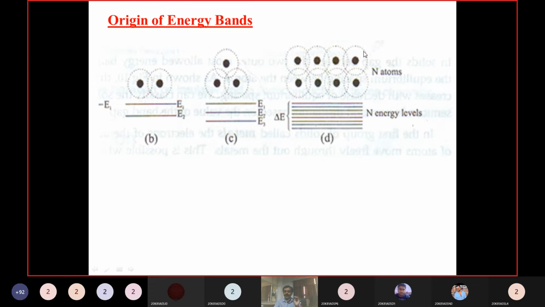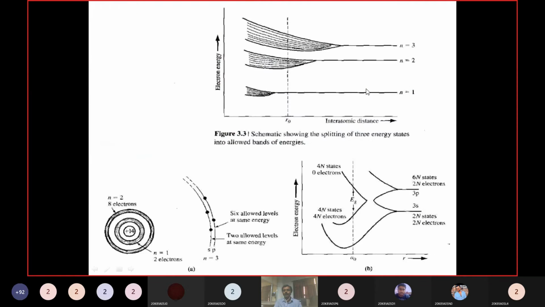Those valency electrons are loosely bound with the nucleus. If you give a little amount of energy, they become free and move inside the material. Due to that motion, conduction takes place.